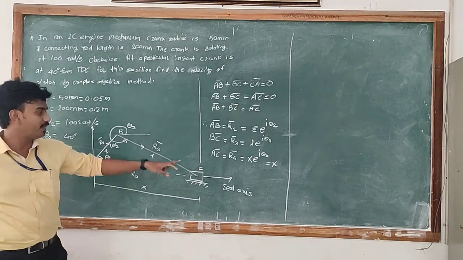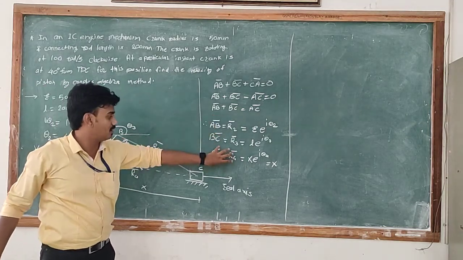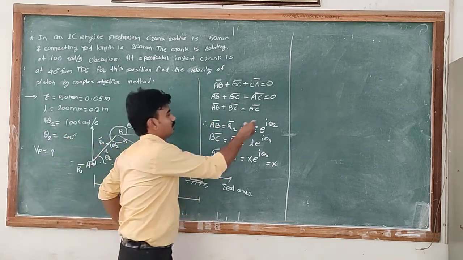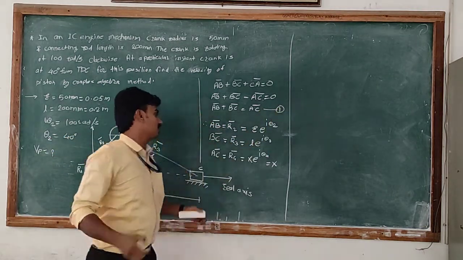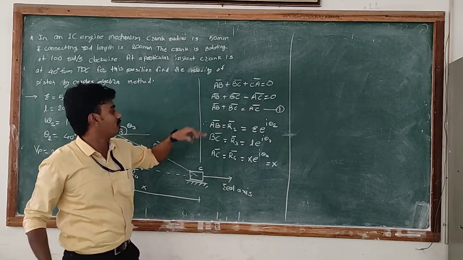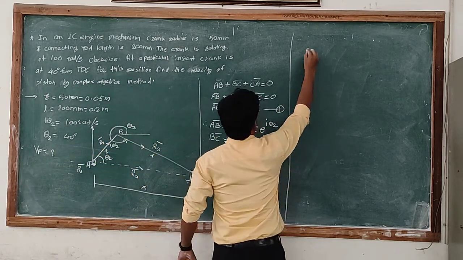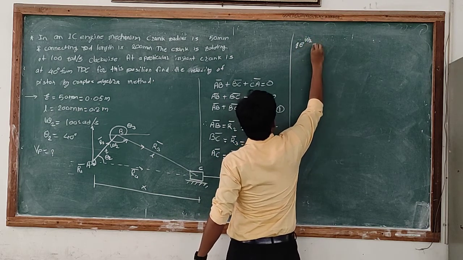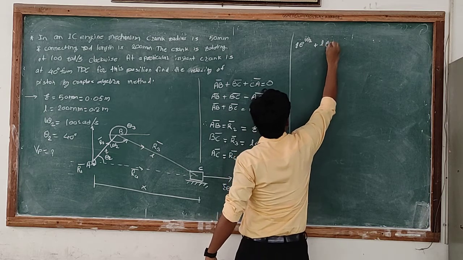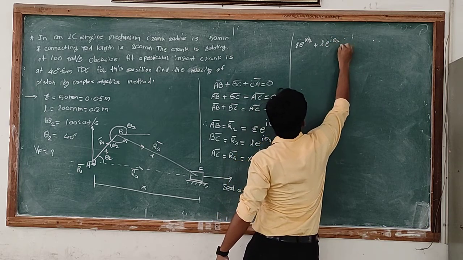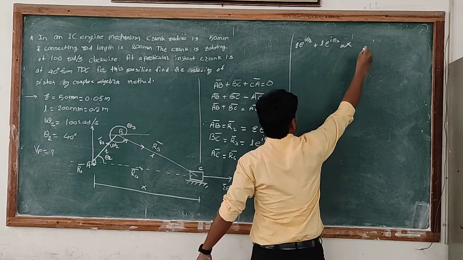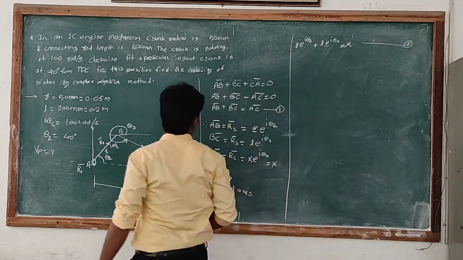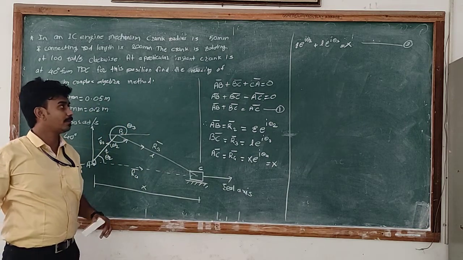Now, if we put all these values in this equation, suppose I mark this as equation 1, we will get r into e raised to i theta 2 plus L into e raised to i theta 3 is equal to x. We will mark this as equation number 2.